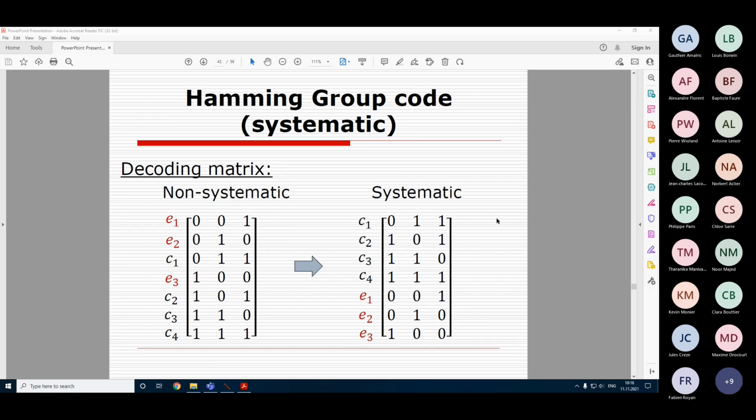For the decoding matrix, we do the same thing. We rearrange rows. Here we had the E1 row, E2 row, and E3 row. Now they are located at the end of the matrix, because in your code word, this data is also located at the end.